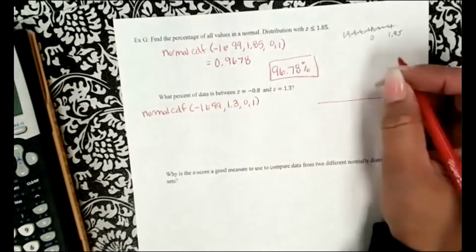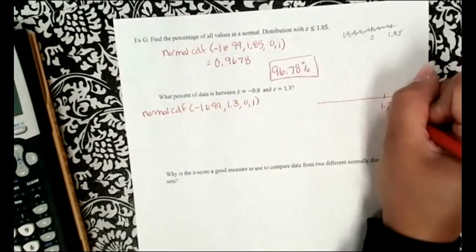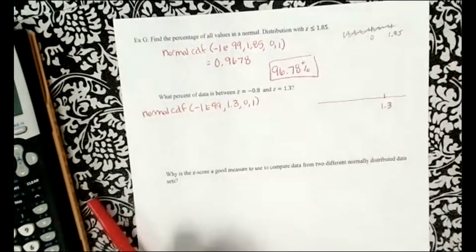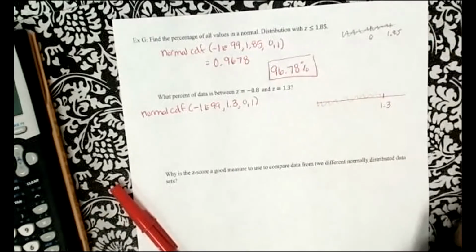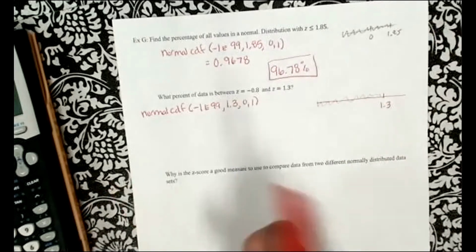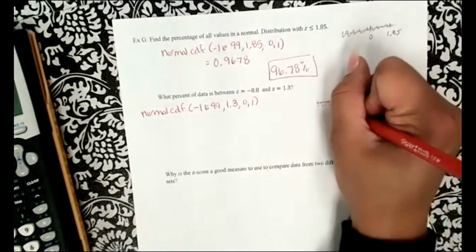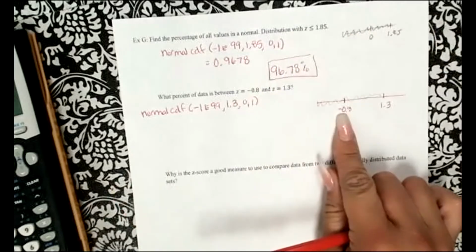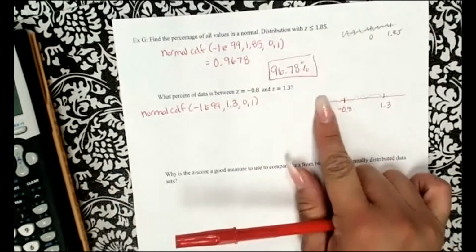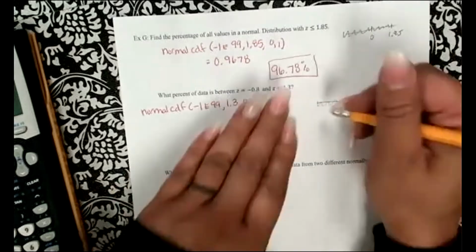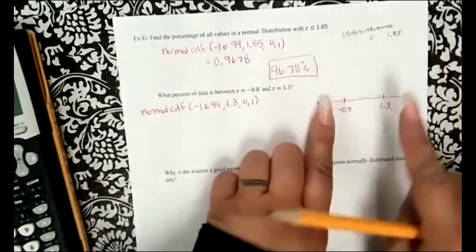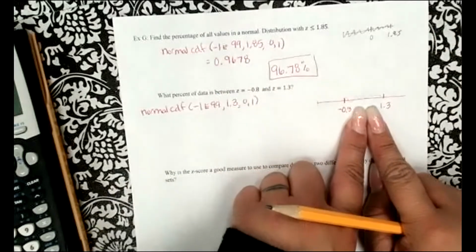If I do the 1.3, 1.3 is right here. I'm going to get all of this. And then whatever answer I get, because I only want to go from negative 0.8, I'm going to subtract this piece of it. Because if I subtract that piece of it, then I'm only looking at the middle piece right here. And that's eventually what I want to get.